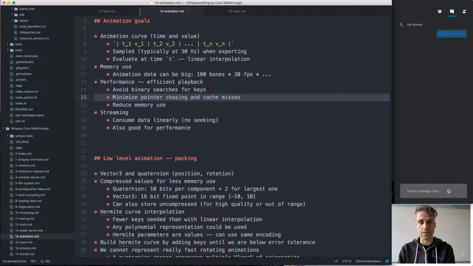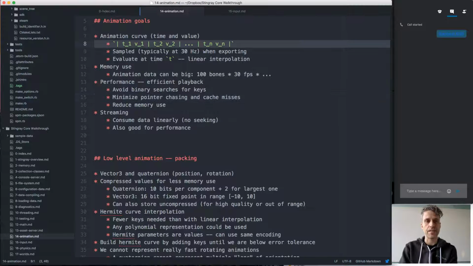They cost a lot of cycles. So we want to make sure that, as much as possible, we hit our caches whenever we read memory. And if we store our animation curves like this, one curve per bone, it means that whenever we want to read the animation data for a particular bone, we'll have to go into a separate array for that bone, which means that we will almost certainly get a cache miss for every bone that we access.